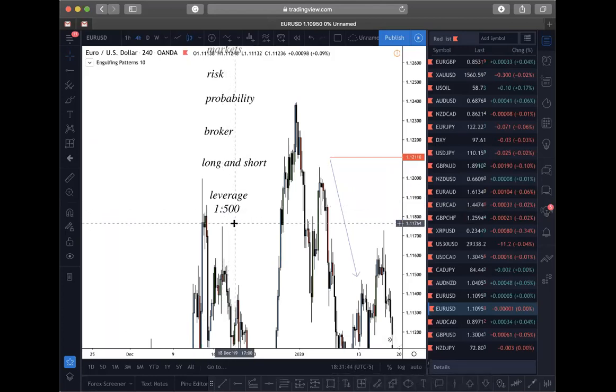So if you want to place a trade for, let's say, $1 a pip, with a leverage of 1 to 500, the broker would say, okay, we need to secure at least $20 out of your account to keep this trade open, because the broker has to secure money to keep your trade open.